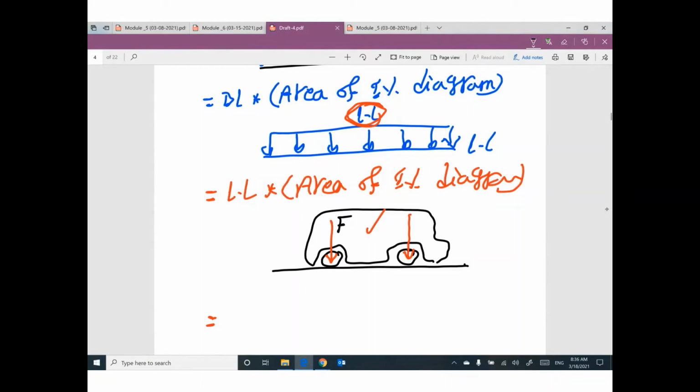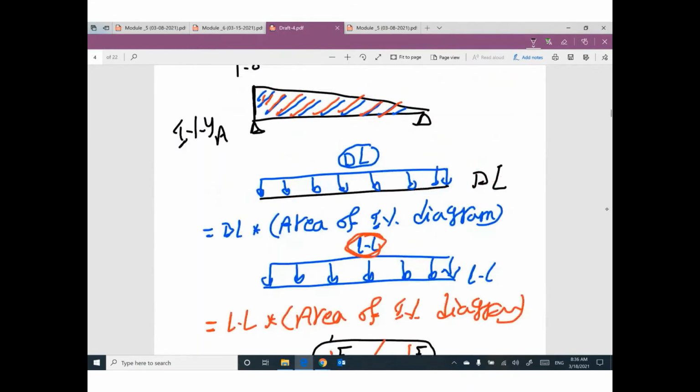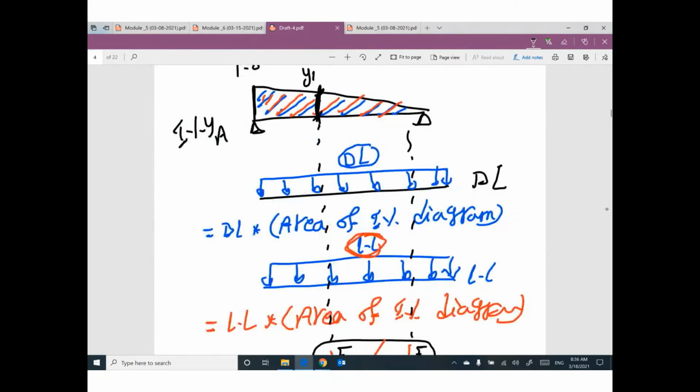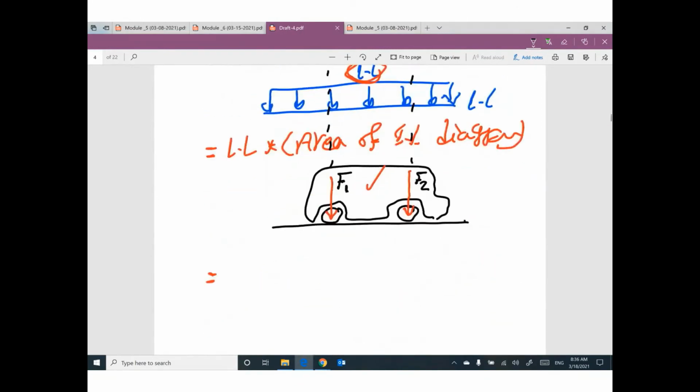This force is F1, this force is F2. For example, I will say F1 corresponds to this value, Y1. This force corresponds to this value, for example, Y2. So if you would like to get the maximum effect, I will multiply F1 times Y1 plus F2 times Y2.